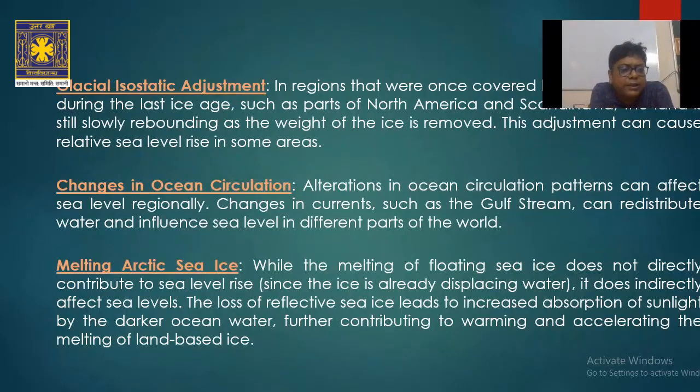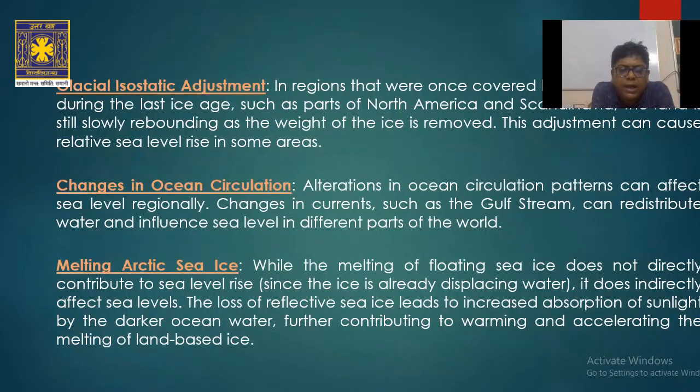Melting of the Arctic sea ice is one of the very important causes given more emphasis by scientists, not only in view of the melting of the ice but also the floating of the sea ice. The floating of the sea ice directly contributes to sea level rise in the preceding time.